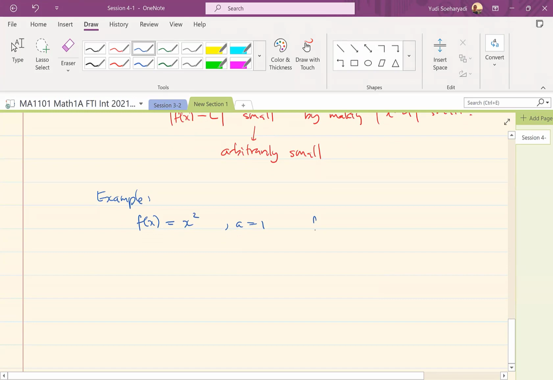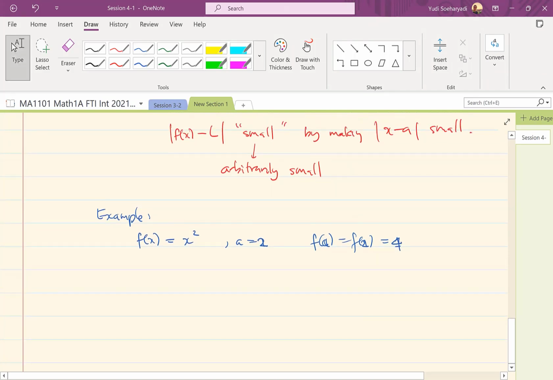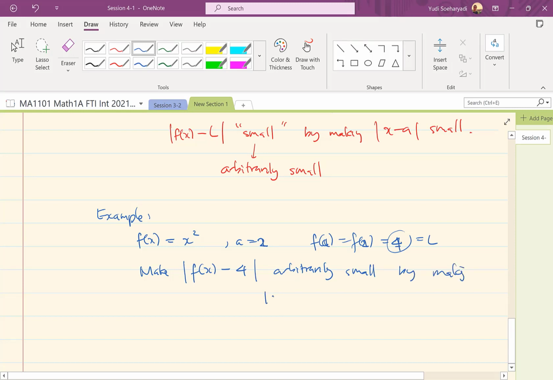Okay, so we know that f of a equals f of 2, which is 4. So the question is, make f of x minus L, this is L, arbitrarily small by making x minus 2 small. Okay.